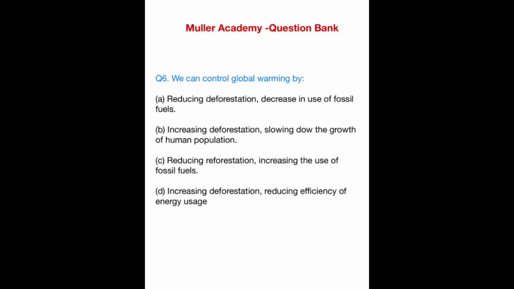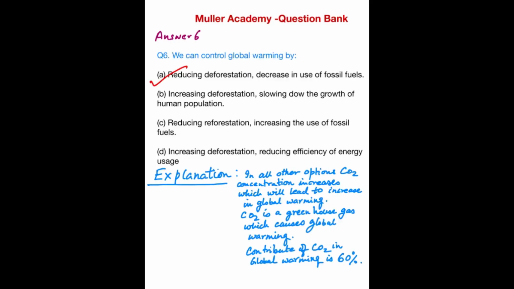So the options are: reducing deforestation, decrease in use of fossil fuel; increasing deforestation, slow down the growth of human population; reducing deforestation, increasing the use of fossil fuel; or increasing deforestation, reducing efficiency of energy usage.